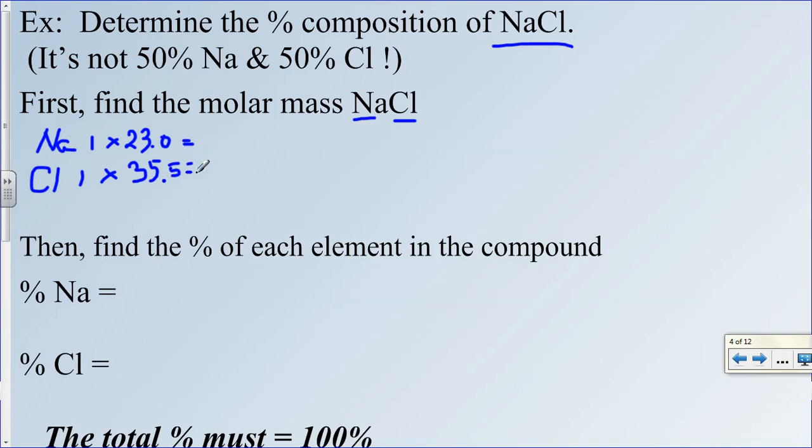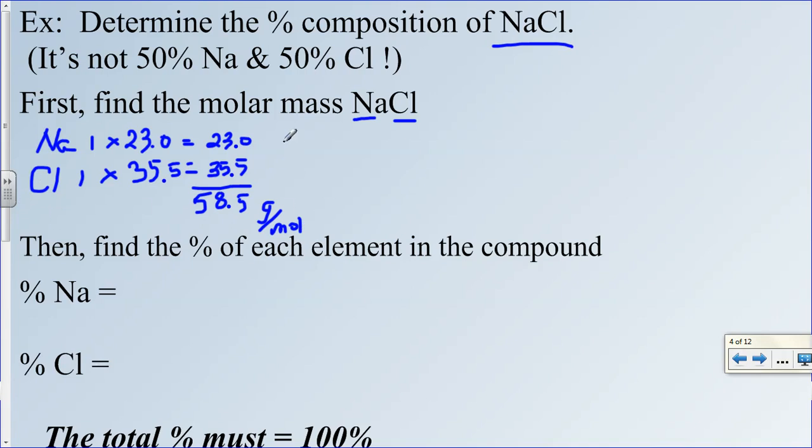And since there's only one of each, we multiply. And it's very important that we maintain that one place past the decimal, the tenths position. Now we are going to add these two numbers up. This comes out to be 58.5 grams per 1 mole. So that's how many grams are in 1 mole of sodium chloride.